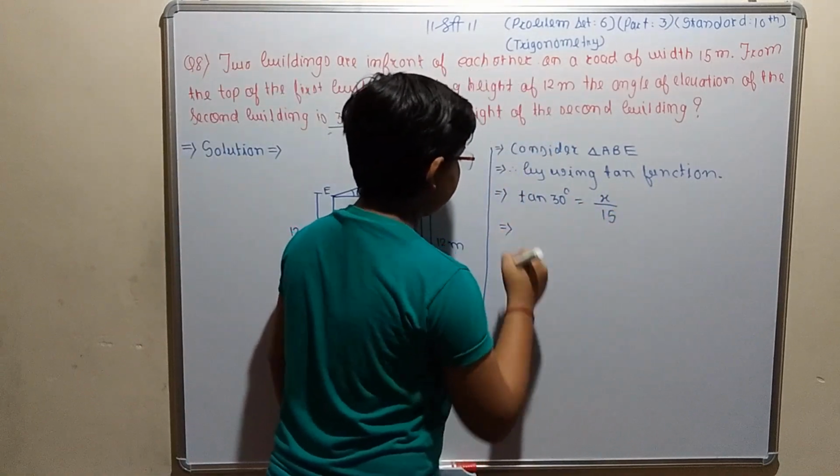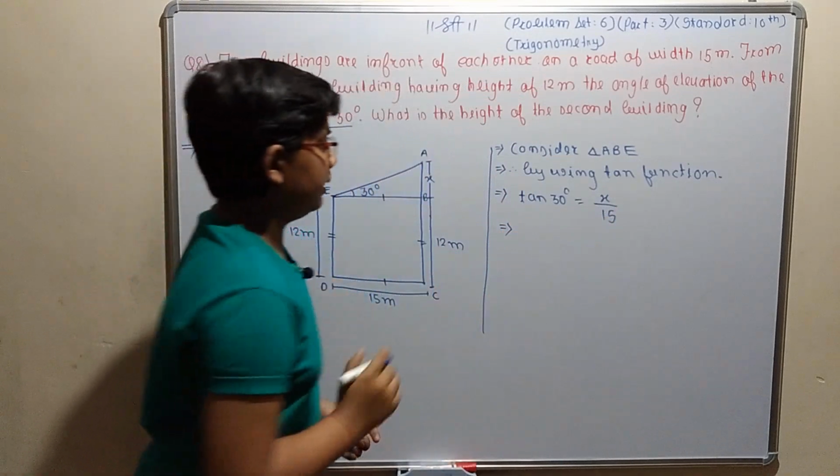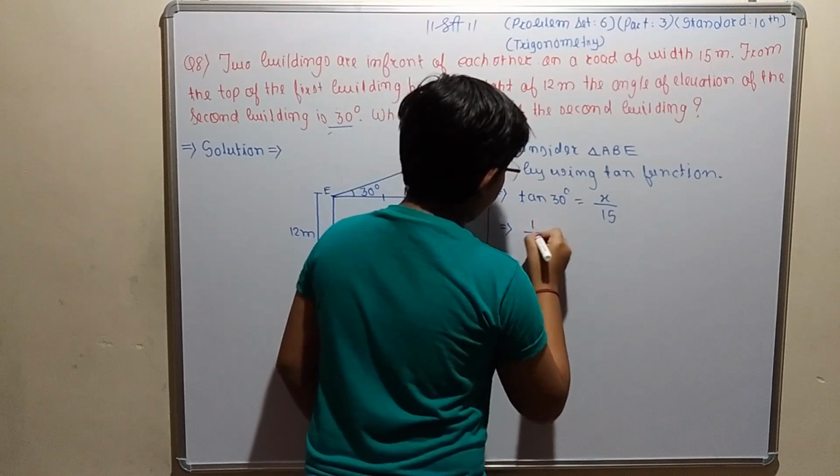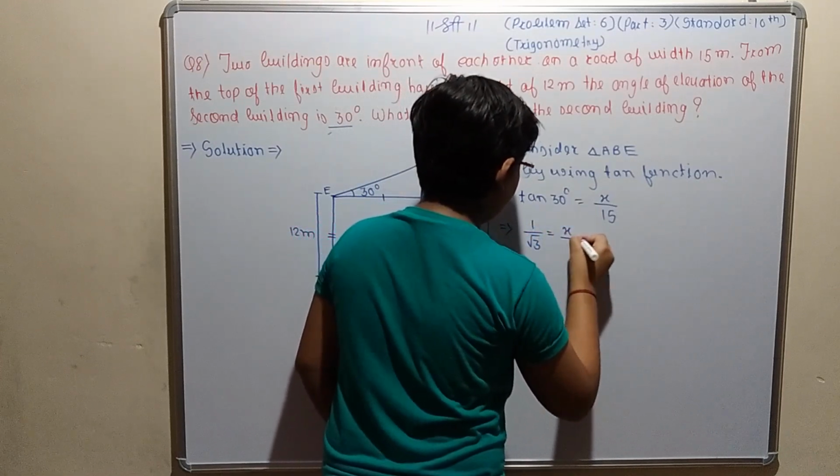Now what is tan 30 degrees? By the trigonometric table, tan 30 degrees is equal to 1 by root 3. So 1 by root 3 is equal to x by 15.